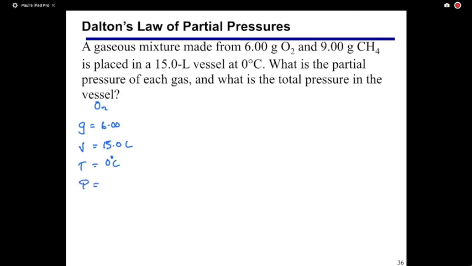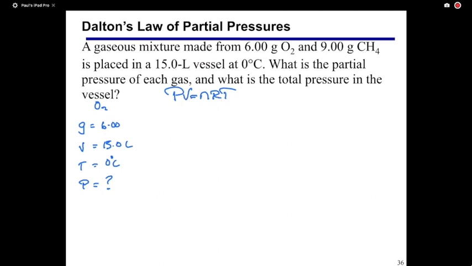The pressure of this. All right, I have grams, volume, temperature, and pressure. All right, do I have the right units? No. Okay, in this case, I'm going to use PV equals nRT, and if I look at this, I have a temperature, yes. I have an R because I know that.